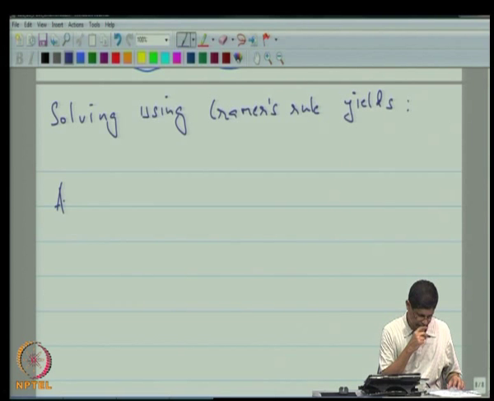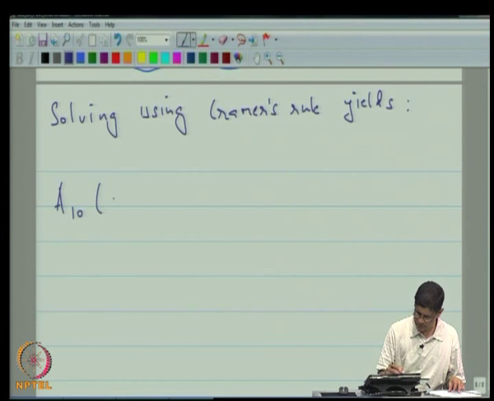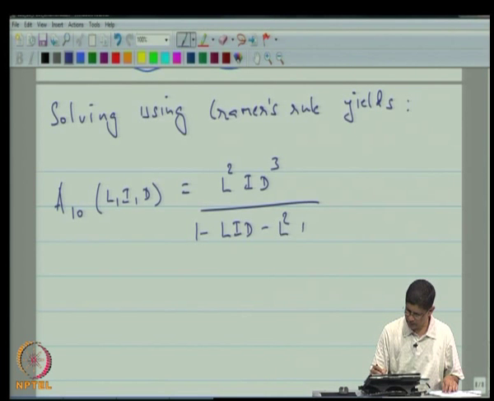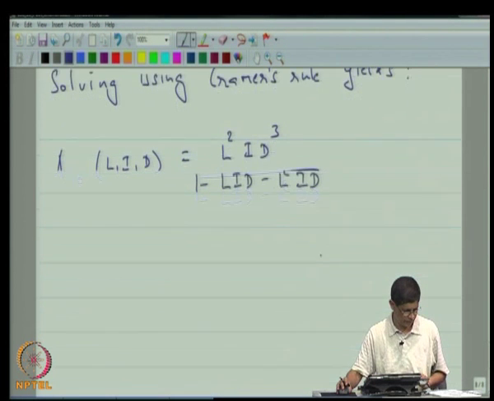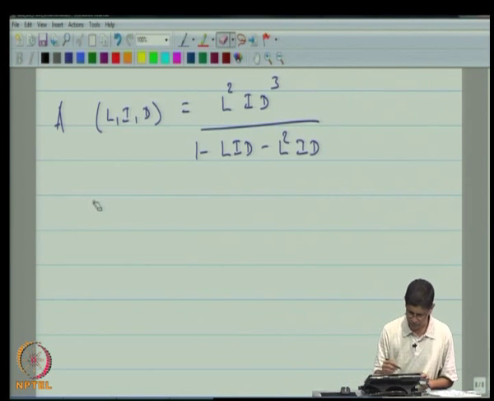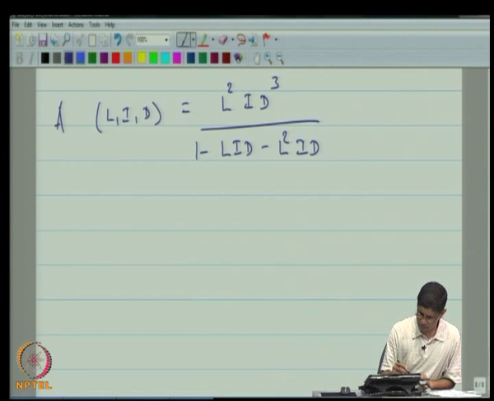A10 LID is equal to L squared I d cubed upon 1 minus LID minus L squared ID. This is A01.